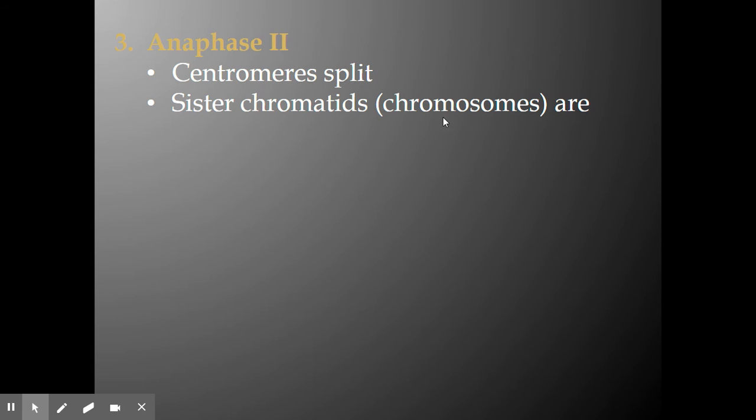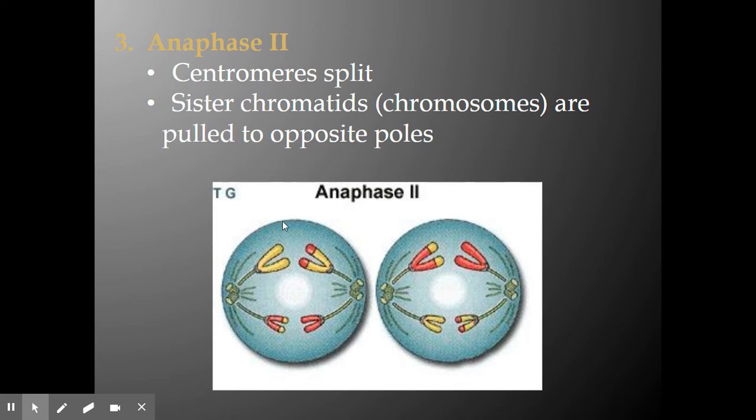Then we have anaphase, where the centromeres split, pulling your chromatids apart. So your chromosomes are getting split into the two halves. Each half of the X goes to each side. Again, this looks like what happens in mitosis, where we have your X's being pulled apart, except it's in two separate cells here.